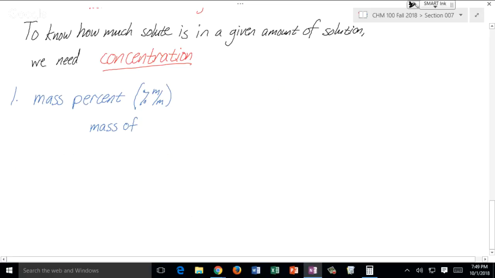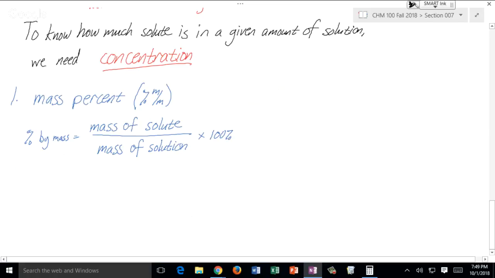So the percent by mass is calculated by taking the mass of the solute divided by the mass of the solution times 100%.